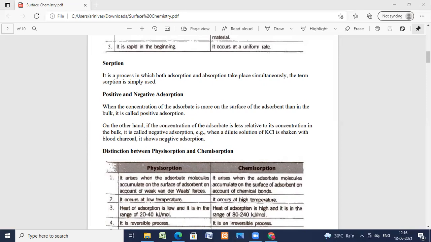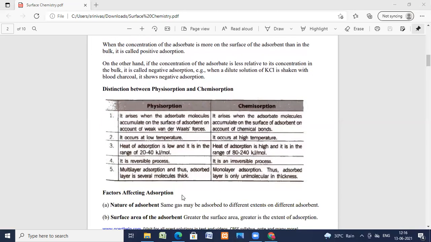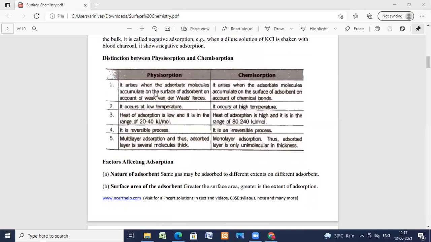Now, we'll see the distinction between physisorption and chemisorption. Physisorption arises when adsorbate molecules accumulate on the surface of the adsorbent on account of weak van der Waals forces.